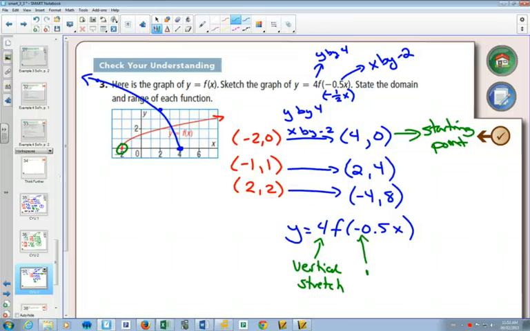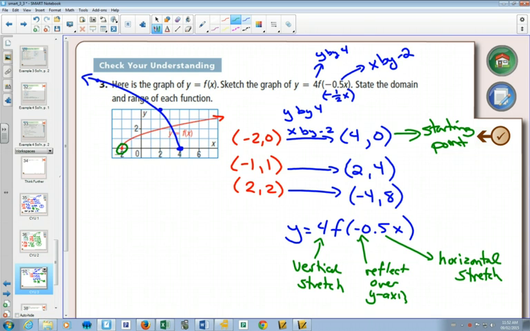This negative reflects it over the y-axis. And the 0.5 is a horizontal stretch. So just as our overall idea, we take our red graph.